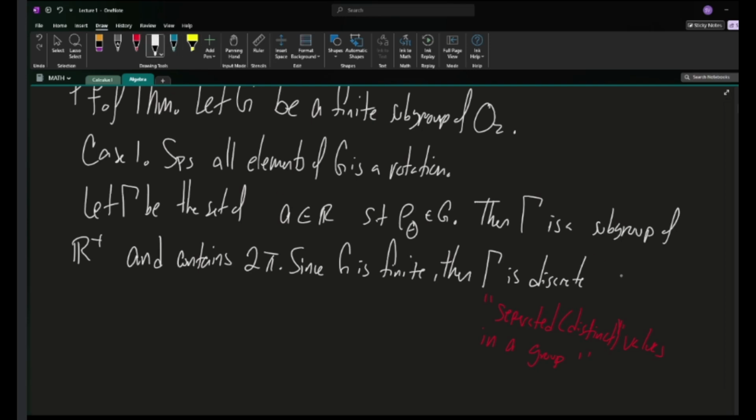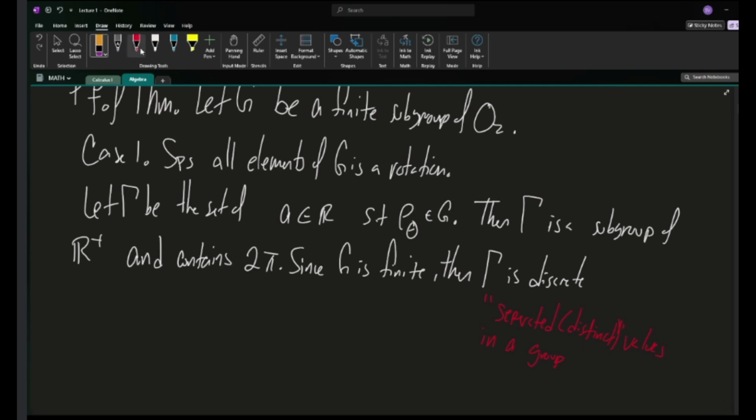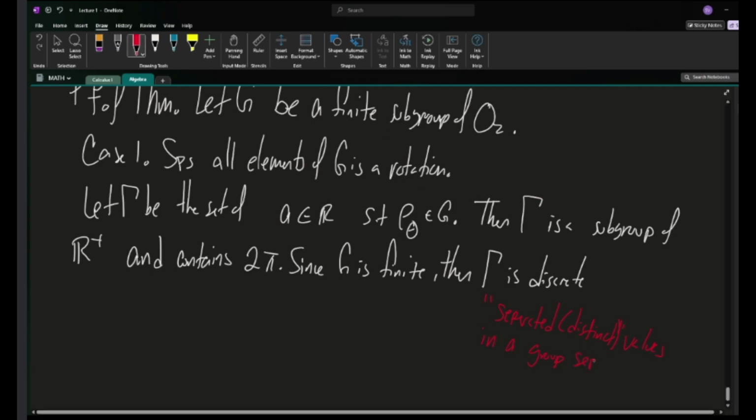Discrete subgroup, so we're dealing with values specifically separated by theta, or separated by epsilon.